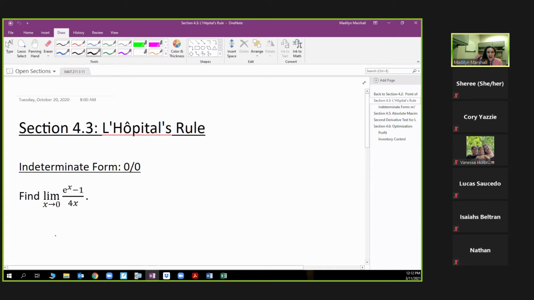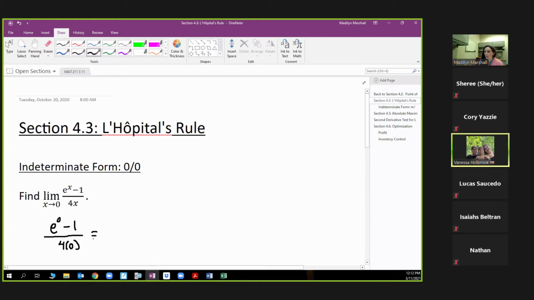The first thing we should always try when we're trying to find a limit is to just plug in the number that x is going toward and see if it works. If we plug in 0, we'll have e to the 0 minus 1 over 4 times 0.